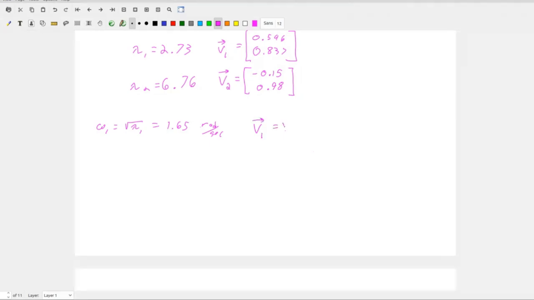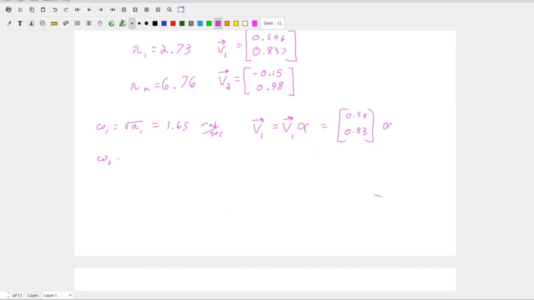v1 vector is equal to v1 vector alpha. And we say it like that because the information inside the vector does not change. Even though it's different numbers, the information does not change. And that's going to become the same as before, right? So 0.54, 0.83 alpha.